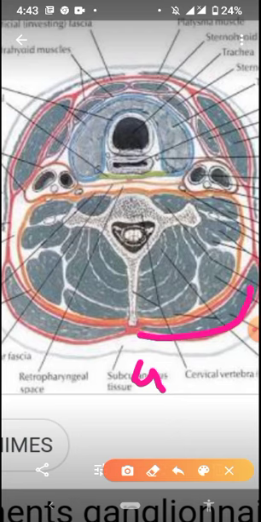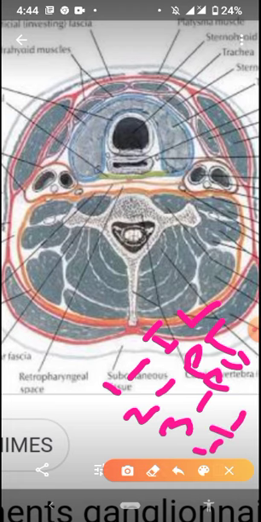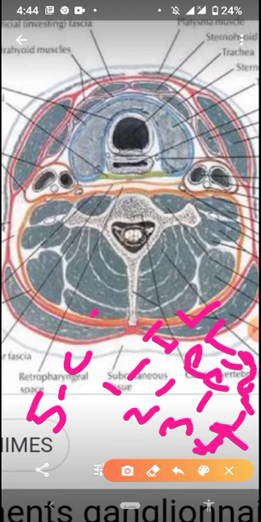The first is the investing layer, the second is the pretracheal layer, the third is the prevertebral layer, the fourth is the axillary sheath, and the fifth is the carotid sheath.